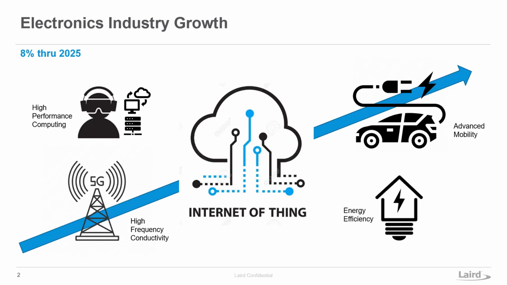Advanced mobility, which is drive-by-wire, it's EV, it's autonomous driving, and we just about have home theaters in our cars now. It's pretty amazing, and that's driving a lot of increased semiconductors in the automobile industry.